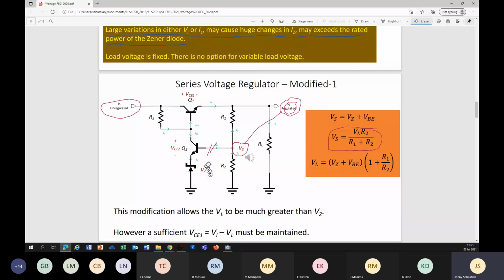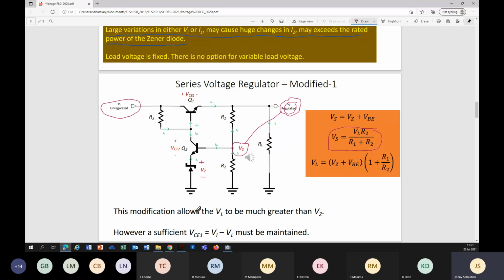Now, can you relate V sample with anything else? You have a VZ, you have a VBE of Q2. Look, VZ plus VBE. This VZ has a polarity positive here and negative there.